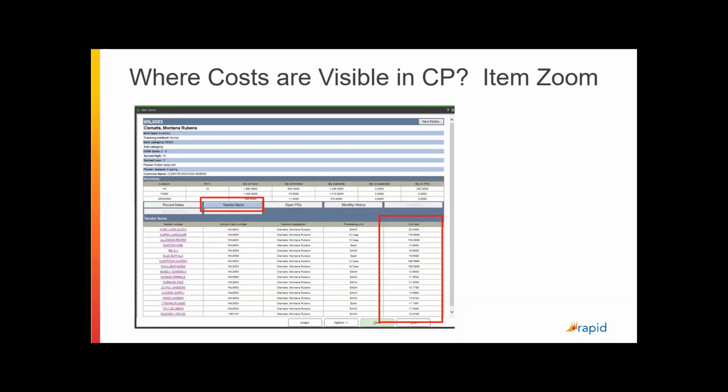Last cost is something you're going to see on the item screen, but whenever you're putting it in a receiver, it's usually just going to say cost or unit cost. That's what we can see here today. We have all of these different vendors at all different prices. So say, for example, you are trying to find where best to buy something from. This is going to help you, especially if you deal with a lot of different vendors on a day-to-day basis.